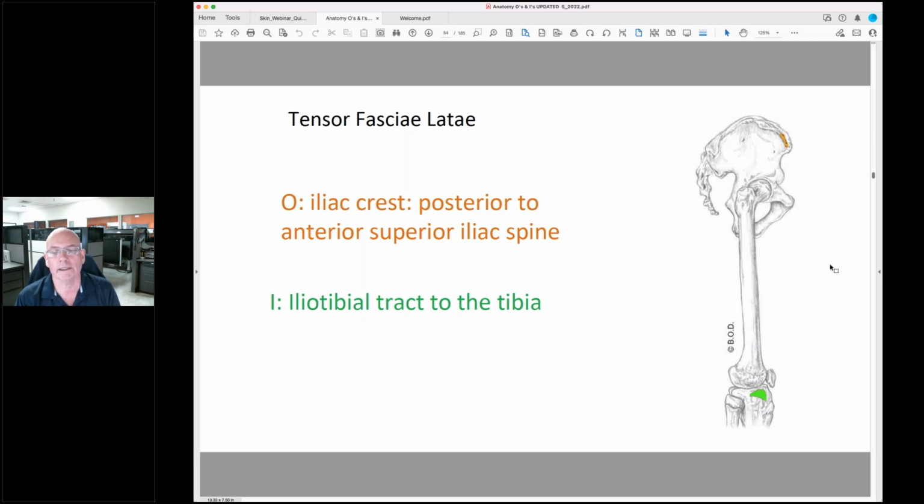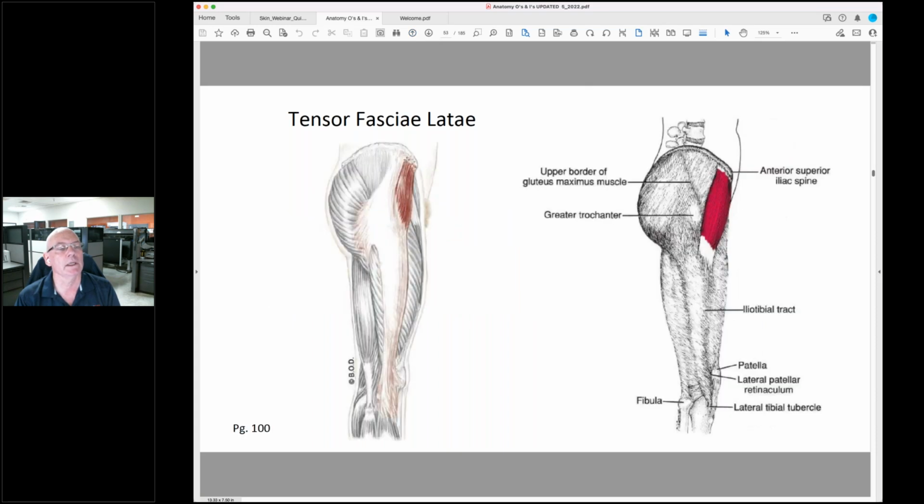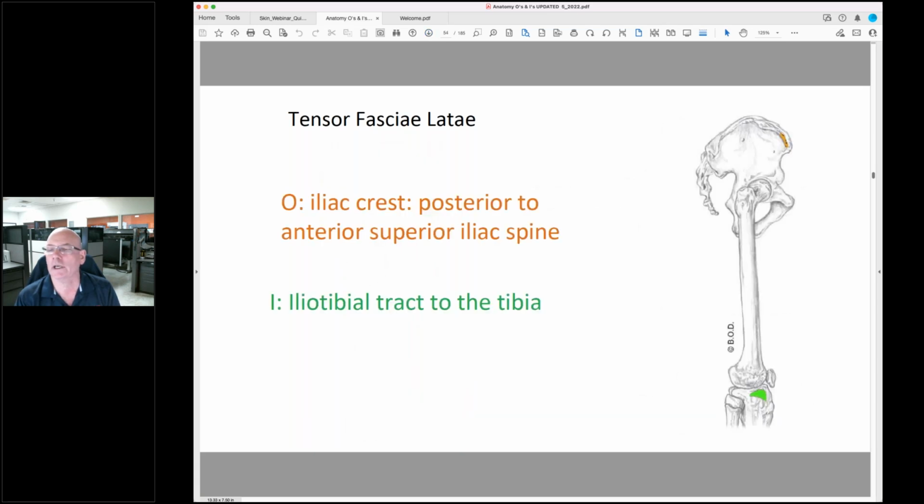I know you're writing this down, I'm hoping you're writing this down anyway. It seems like such a short little muscle here, but the way they describe it, that iliotibial tract coming down makes that extension that much longer, all the way from here down to here. It's really just like right here once it gets down to the iliotibial tract, if that makes sense. Okay.